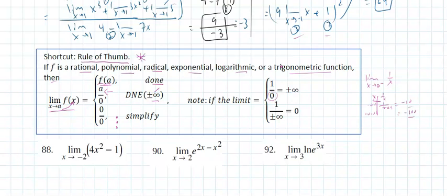Do you see this is going to approach negative infinity very quickly? And if I go from the right, if I pick a positive 0.1, 1 over 0.1 is positive 10. 1 over positive 0.01 is 100. So that's why you get plus or minus infinity depending on whether you are approaching 0 from the left or the right.